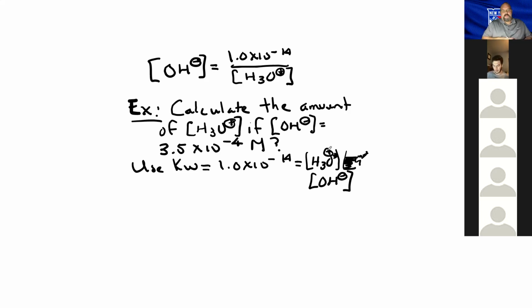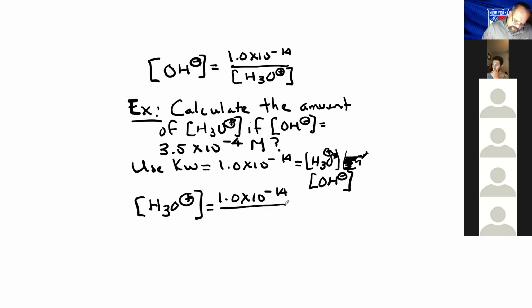In this case, we're being asked to solve for the amount of H3O plus. Based on algebra, the amount of H3O plus is going to be equal to 1.0 times 10 to the minus 14th divided by 3.5 times 10 to the minus 4th.